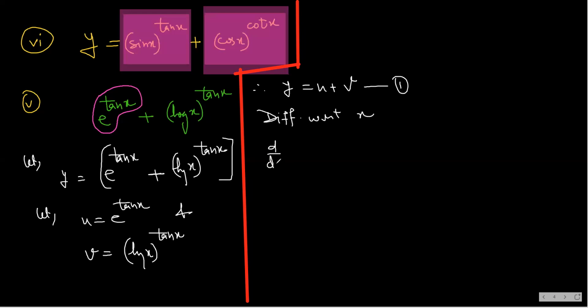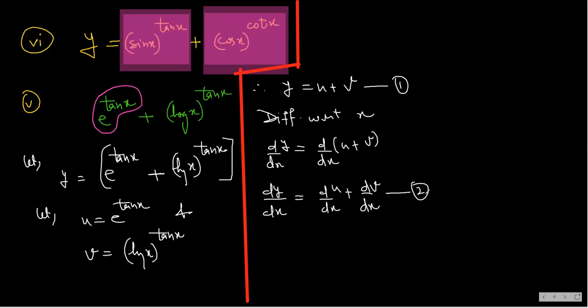So I will get d by dx of y equals d by dx of u plus v, which is dy by dx as d by dx of u plus d by dx of v. This is number 2. I got equation number 2.